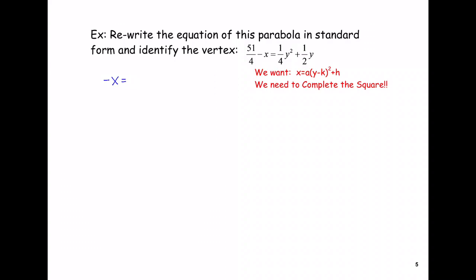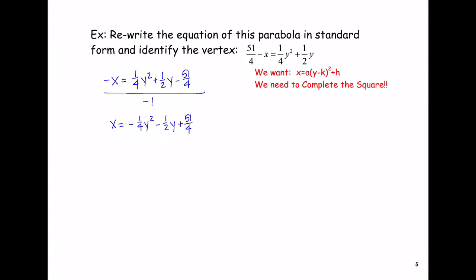So we need to subtract our 51 over 4. So we have 1/4 y squared plus 1/2 y minus 51 over 4. I then want to divide everything by negative 1 to make my x positive. So I have negative 1/4 y squared minus 1/2 y plus 51 over 4.